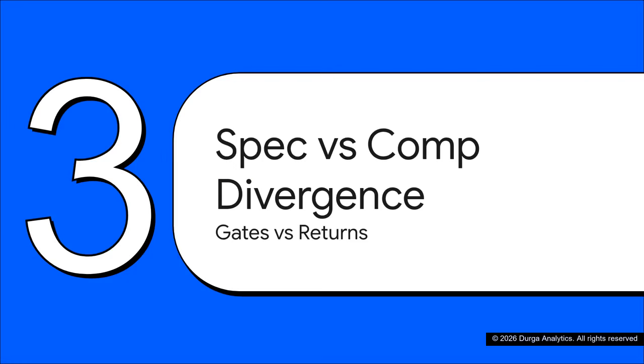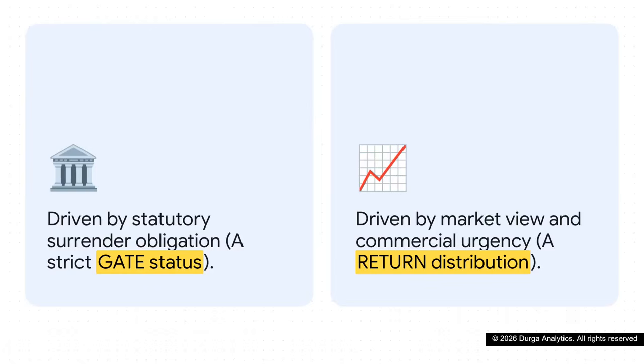Which brings us to Section 3, compliance versus speculative divergence, or gates versus returns. To really get why this bloat happens, we have to look at the very foundation of why you hold these positions in the first place. This is absolutely crucial. The compliance desk holds a position against a rigid statutory surrender gate.